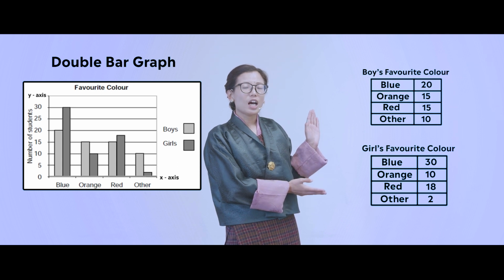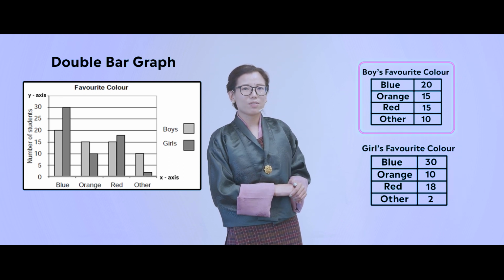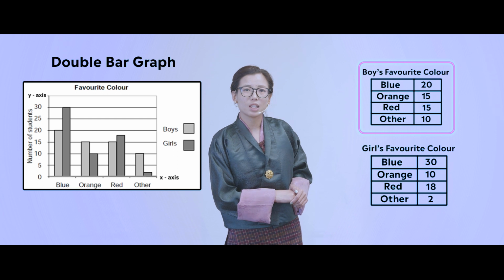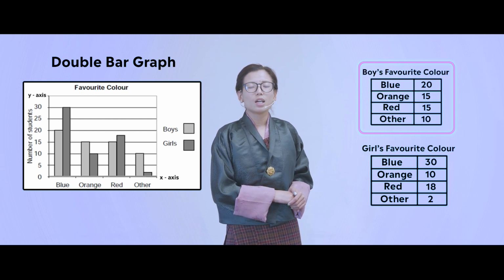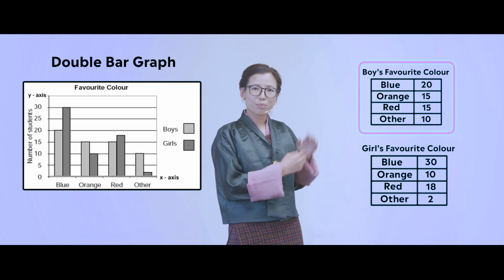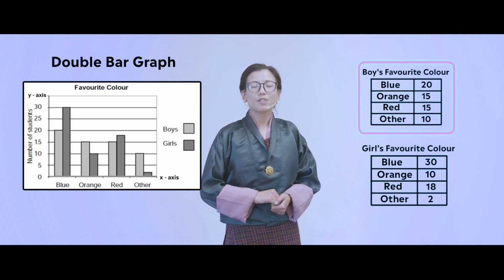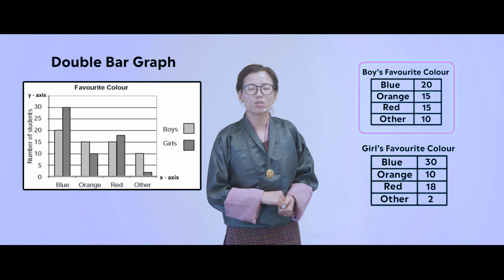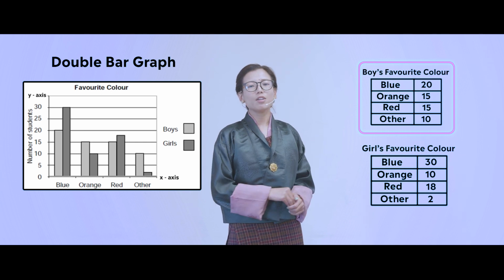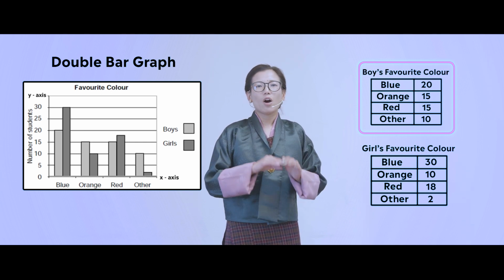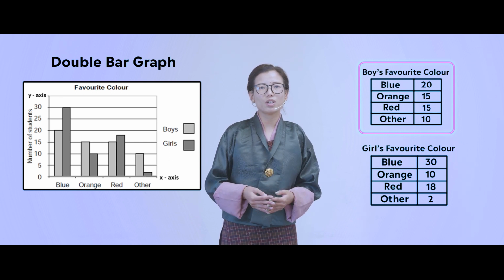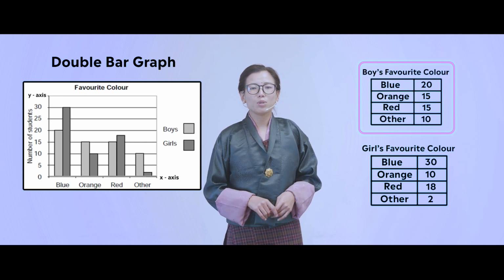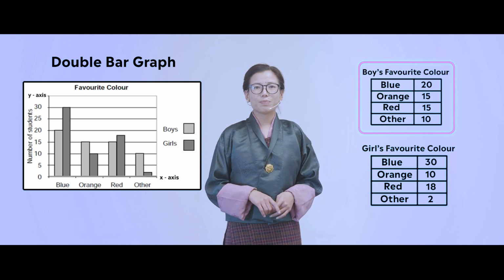You can see 20 boys have chosen blue as their favorite color, and 15 boys have chosen orange as their favorite color, and 15 boys have also chosen red as their favorite color, and only 10 boys have chosen other colors than red, orange, and blue as their favorite color.